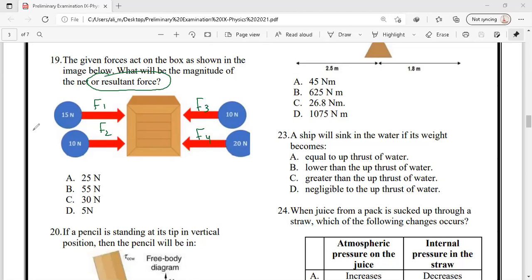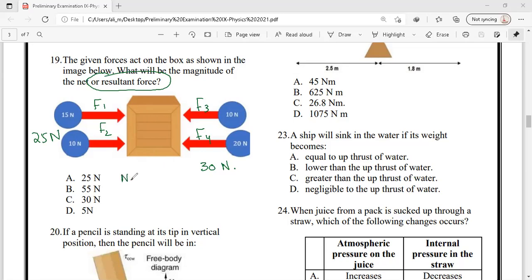So the rightward forces are 10 plus 15, that is 25 Newton, and the leftward forces are 10 plus 20, that is 30 Newton. So we have unbalanced forces acting on that block, in which 25 Newton is acting rightward, while the 30 Newton force is acting leftward.